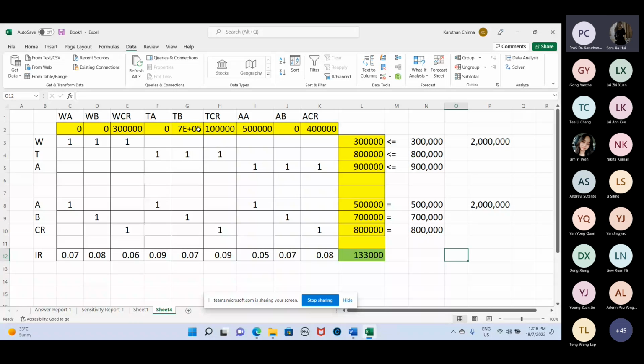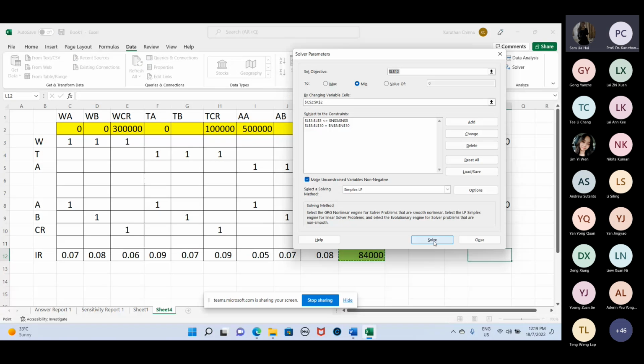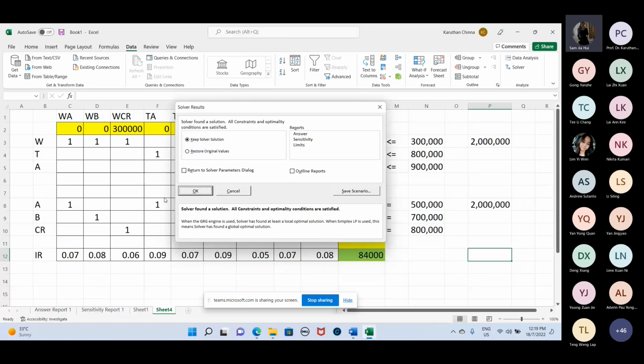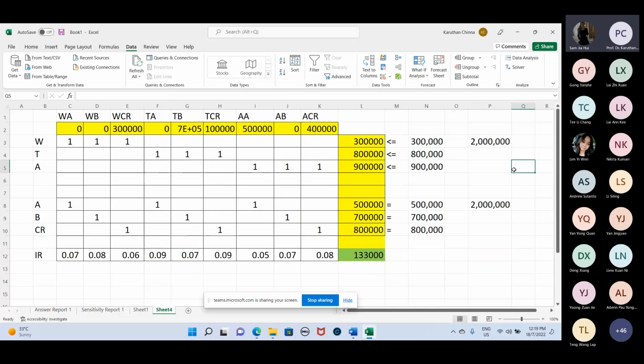I don't know why this value is very high. I'll remove that either. Check any reason why this is high. Okay, currently we'll try to correct it.